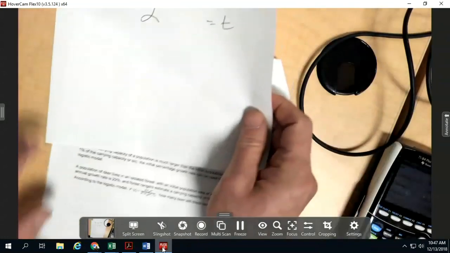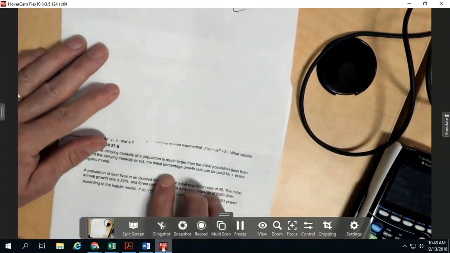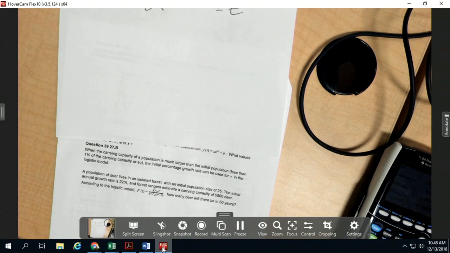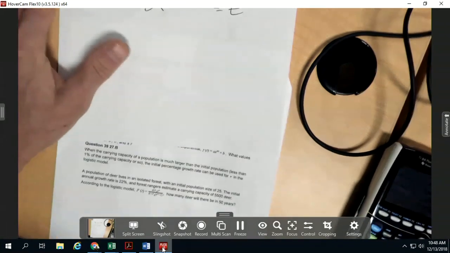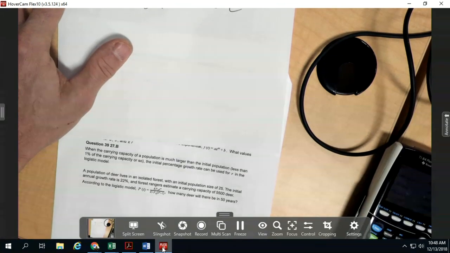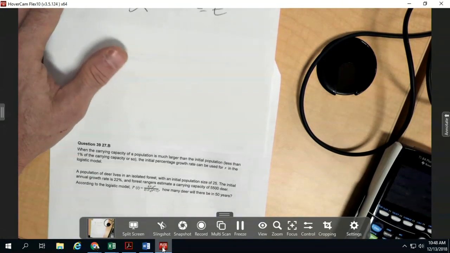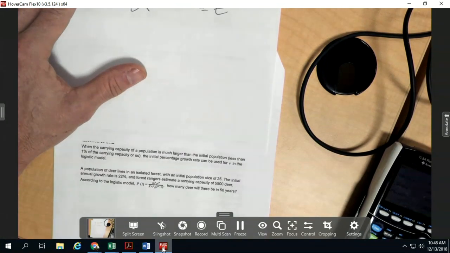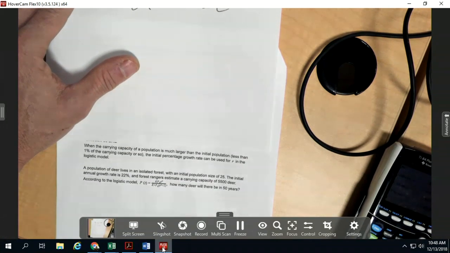When the carrying capacity of a population is much larger than the initial population, less than 1% of the carrying capacity, the initial percentage growth rate can be used for R in the logistic model.